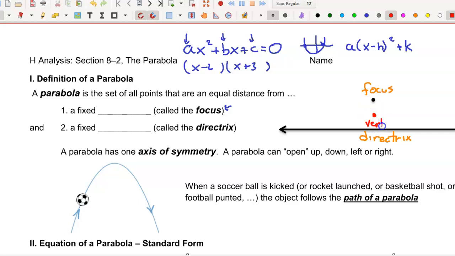Vertex. Okay. And the technical definition of what a parabola actually is: the same distance from the focus and the directrix. So if I have a point over here that's on the parabola, it should be the same distance from here to here as it is from here to here. So as you can see, this one looks a little bit longer than this one.